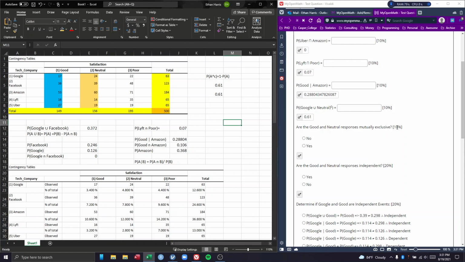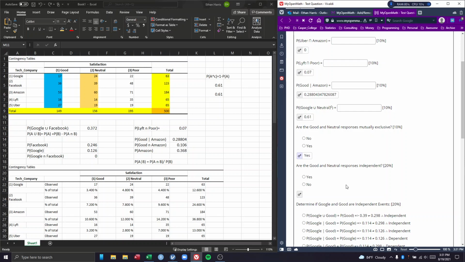If the intersection is 0, it means that they are mutually exclusive. If it's not 0, then they are not mutually exclusive. So if we look at this, are these mutually exclusive? They are, in fact, mutually exclusive because they do not cross. It's not possible to have somebody respond both that they have a satisfaction level of good and a satisfaction level of neutral.